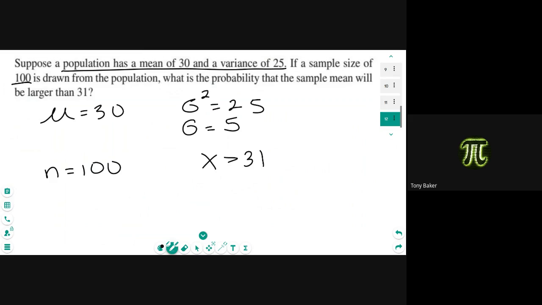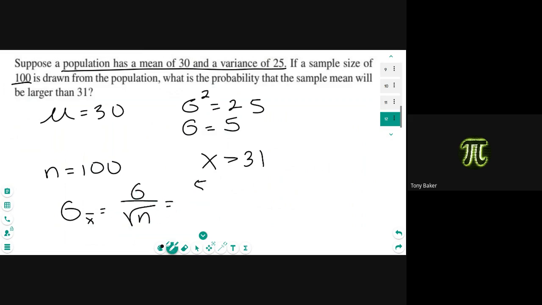That's a sample. That's what we're looking at here. All right, so we found our standard deviation. We have our mean. We have our number. Let's find the standard deviation of my sample mean. It's the standard deviation divided by the square root of n.